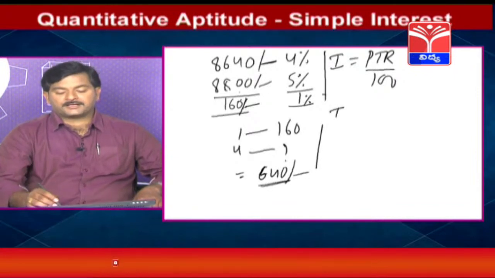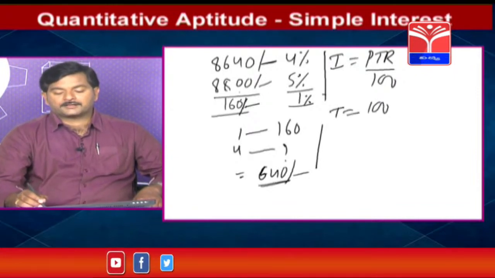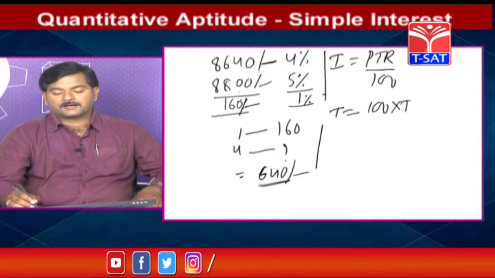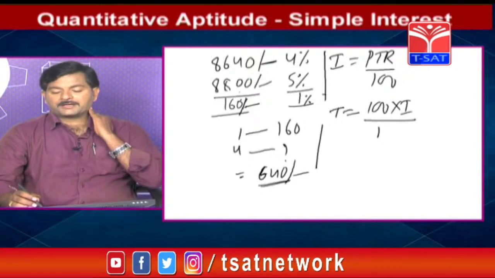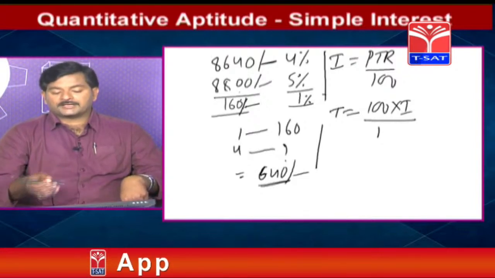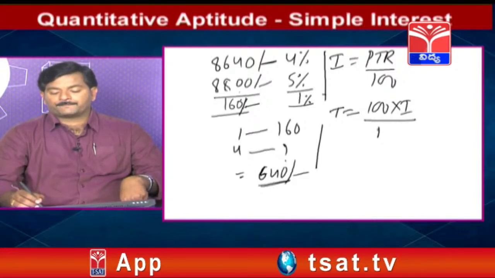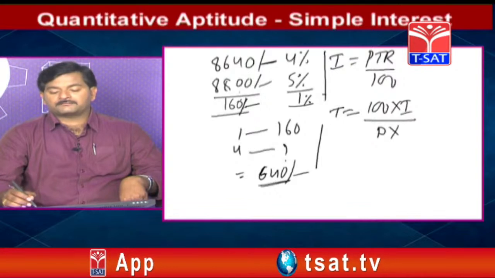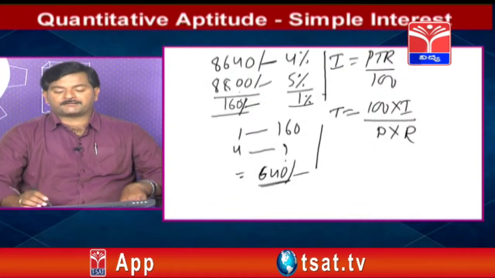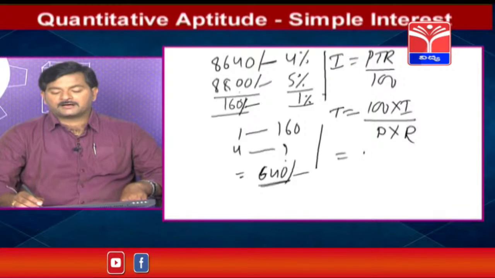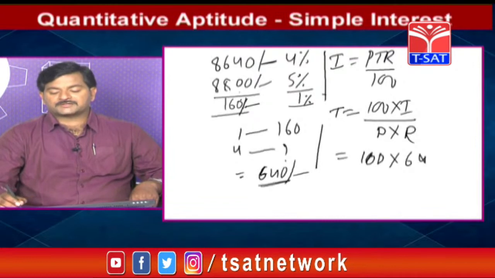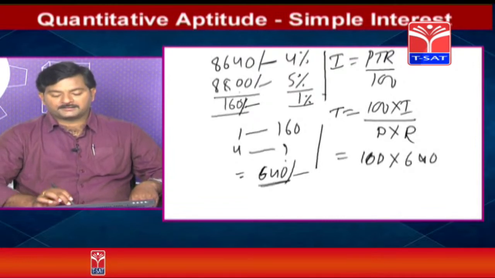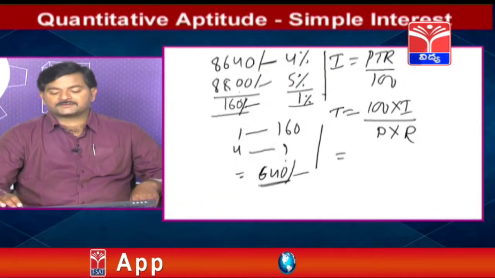That's why T is equal to 100 into I divided by P into R. He gave the P value and the R value, so we have to find the T value. Interest equals 640.